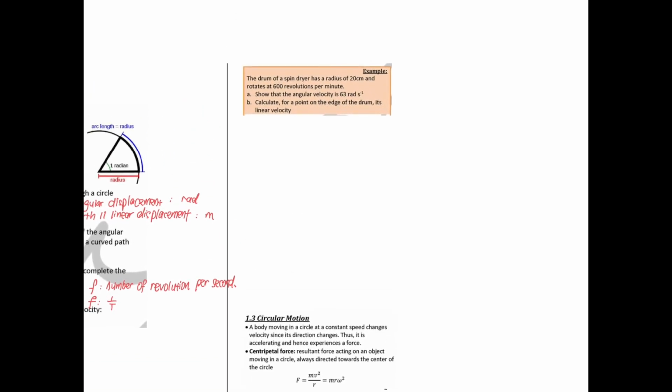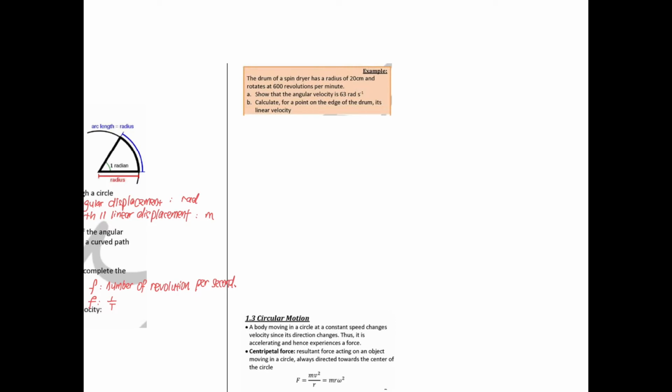So if you look at this question, they said the drum of a spin dryer has a radius of 20 cm and rotates at 600 revolutions per minute. Show that the angular velocity is 63 radian per second.